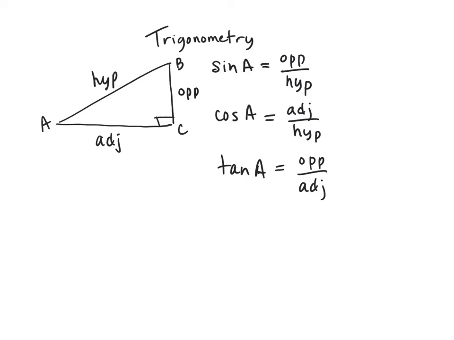The way to remember these easily is to remember SOHCAHTOA. So the way it works is that sine is opposite over hypotenuse, cosine is adjacent over hypotenuse, and tangent is opposite over adjacent.